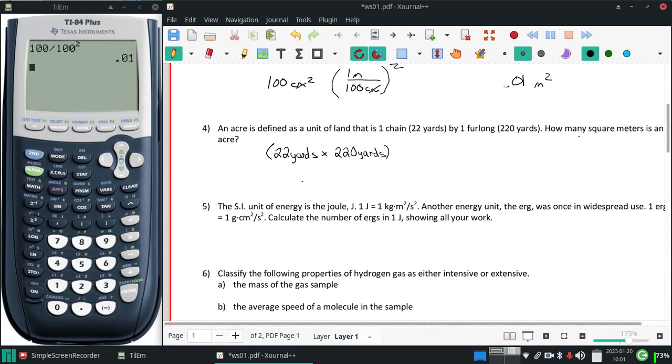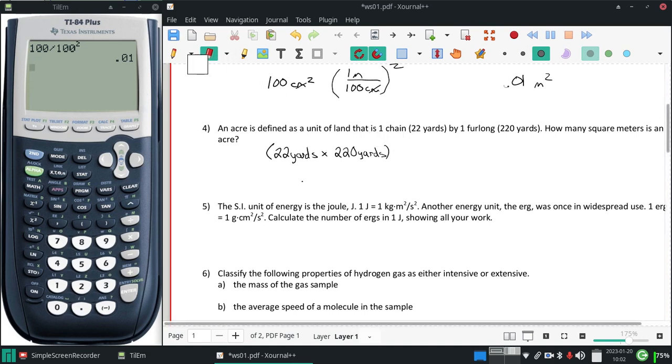And it wants me to convert that to square meters. So I'm going to start by converting my yards into feet, and of course 3 feet is 1 yard. Actually, I'm going to do that a little bit differently now that I think about it.